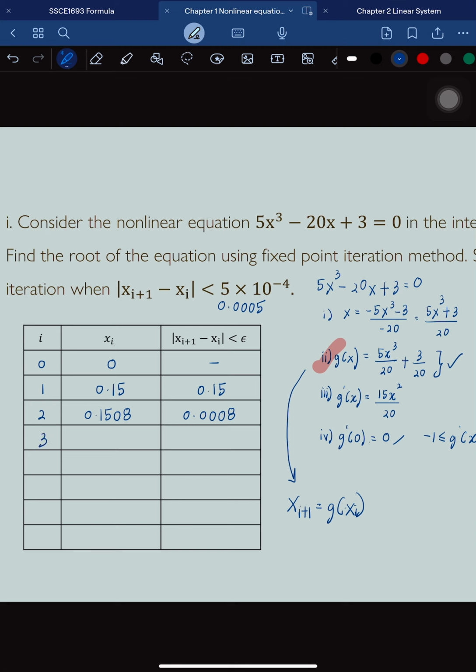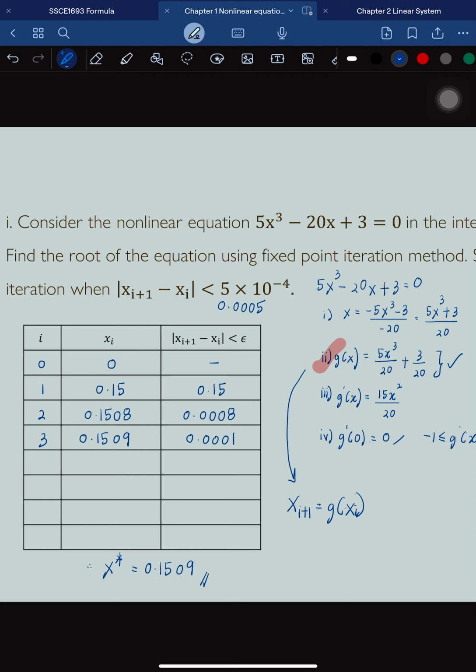Okay, 0.8. Okay, so the third x is 0.1509. So 0.1234. Okay, so stop because it already satisfied the condition. The x star is equal to 0.1509.